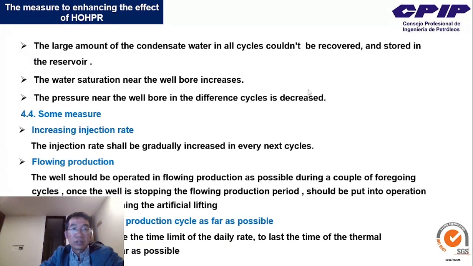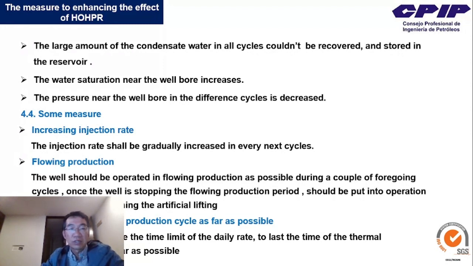A large amount of condensate water in each cycle couldn't be recovered and is stored in the reservoir. The water saturation near the wellbore increases. The pressure near the wellbore in the different cycles is decreased.